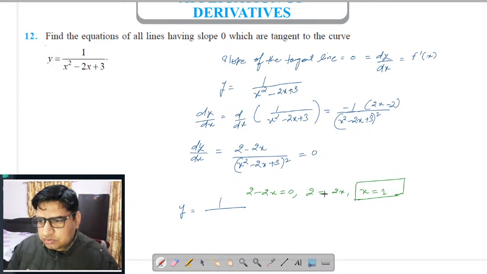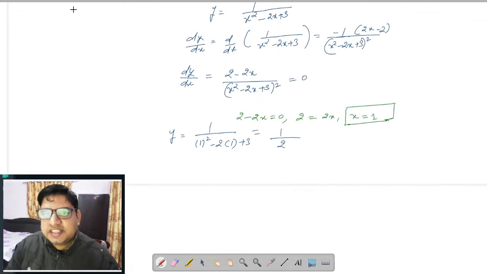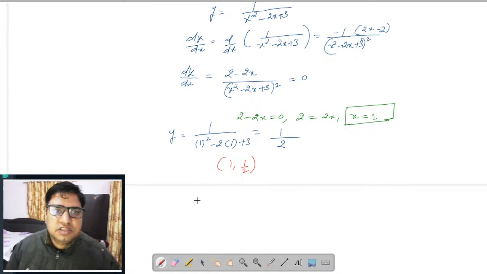So y is equal to, we'll simply put x is equal to 1 into the equation: 1 upon 1 square minus 2 into 1 plus 3. That is equal to 1 upon 1 plus 3 is 4, 4 minus 2 is 2, so that is 1 by 2. So for x is equal to 1, we get the y coordinate of the point where the tangent to the curve has slope 0. So this is the point.